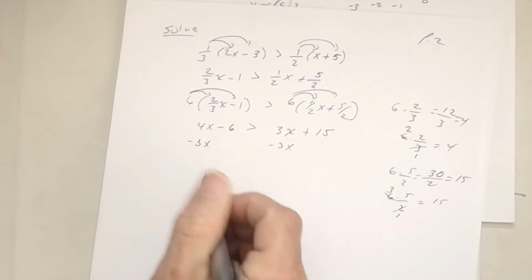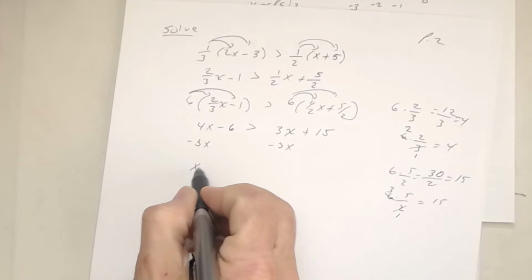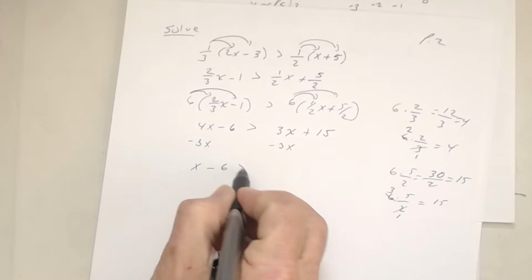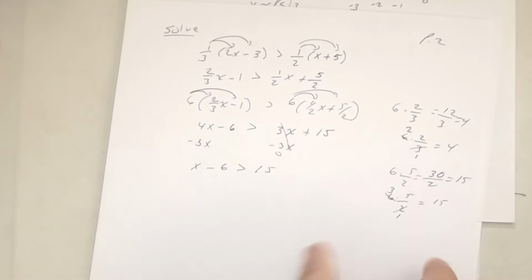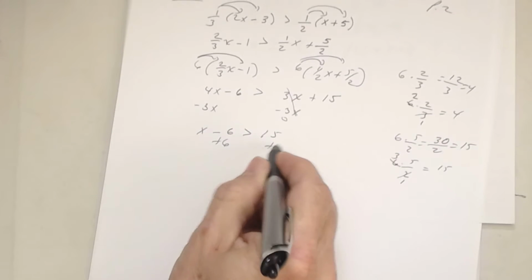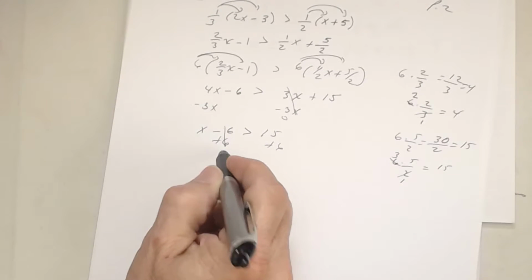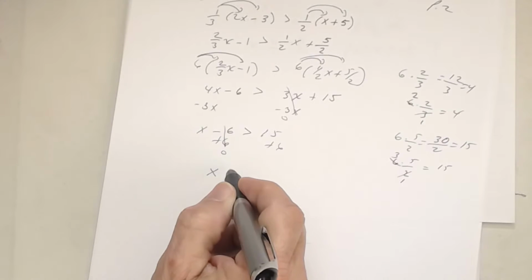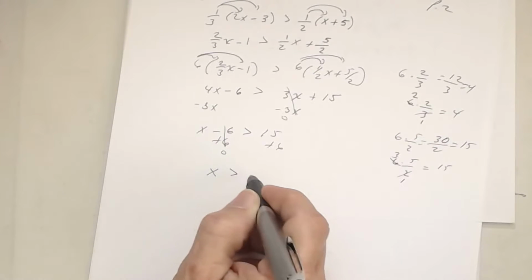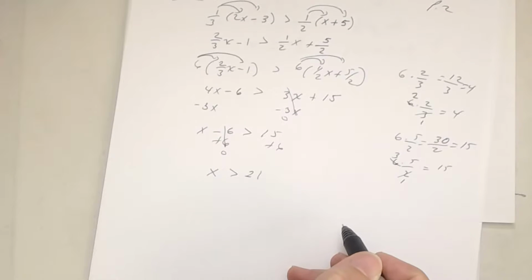All right, and then 4x minus 3x is x. So I get x minus 6 is greater than, remember this is 0 right here. And what are you left with? 15. And then finally, add 6 to both sides. Combine like terms. So my solutions are any real number that's greater than 21.